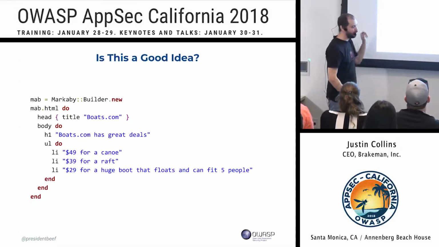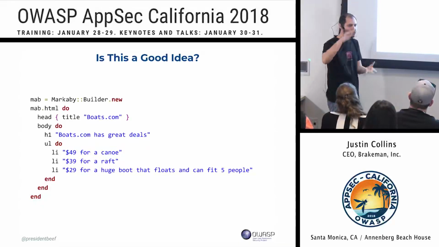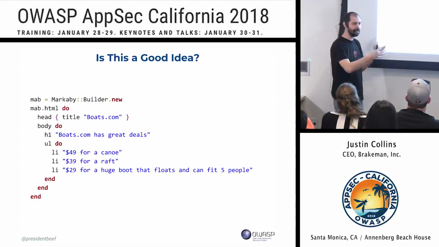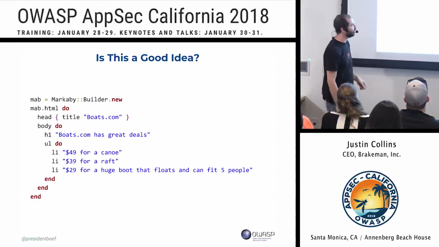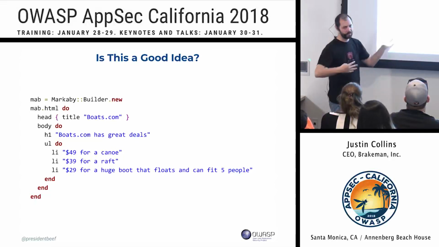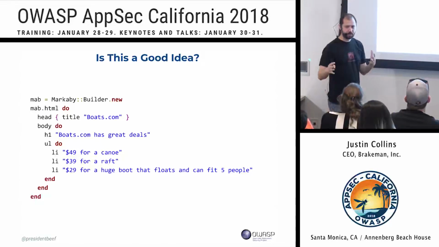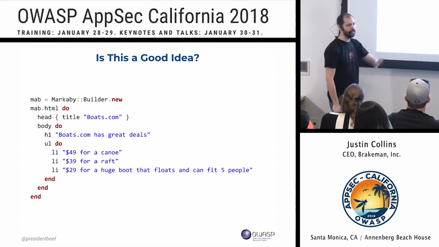Again, I'm not saying this is a great idea, but the idea is, what can we do that is not manipulating strings, but still gets us to generating those values safely at some point? So it's a thought, and like I said, it's a thought talk, so it's just a thought. I'm sure some of you can come up with a better way to build this kind of interface, but the idea is to get away from strings, right?